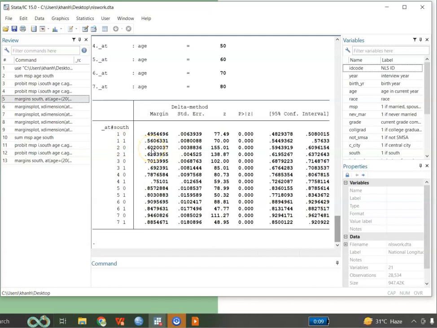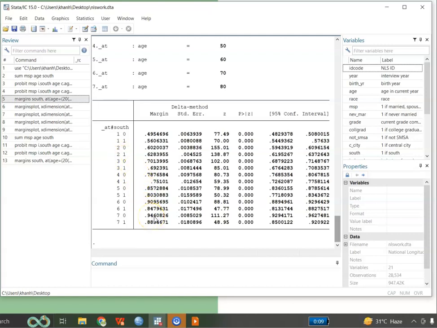This is the marginal expected probability of someone who is married and whose spouse is with him, given that his age is 30 and he is not living in the south. And this is the marginal predicted probability of someone married and being with spouse, given that he is living in the south and he is in the age group of 30, and so on.